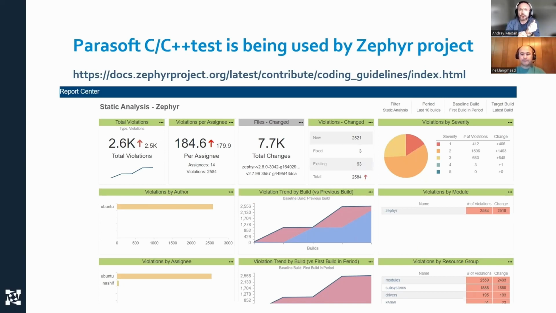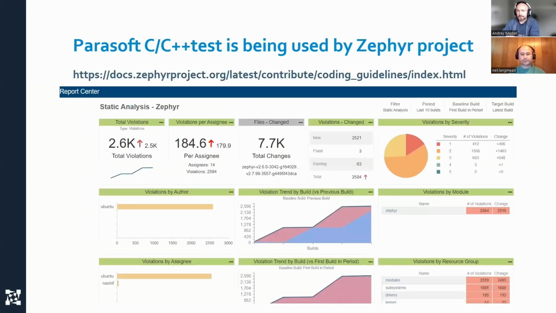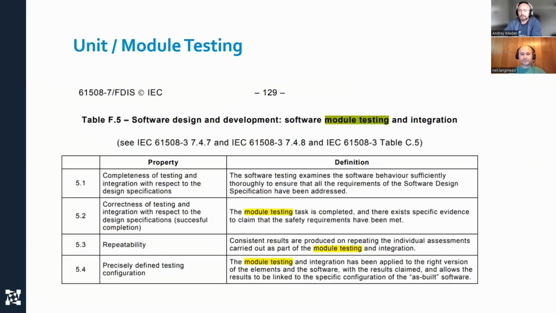It really helps you to structure your argument with authorities. When they ask you questions, has the tool been validated or qualified or tested to the extent where you know that it's actually addressing those coding standards, requirements, and recommendations? That's where using a TÜV certified tool really helps.